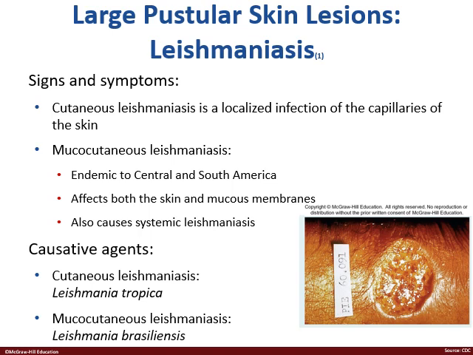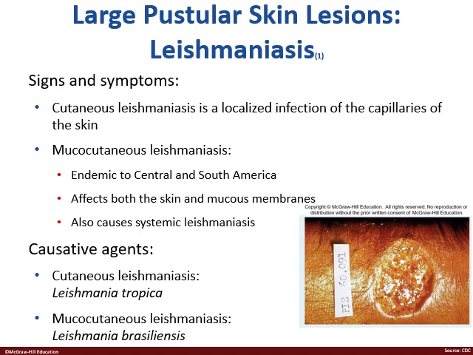Previous ones, chickenpox, smallpox, whatever, the individual vesicles, pustules, were maybe an eighth of an inch, maybe 5 millimeters in diameter. So we're getting to be much bigger things.